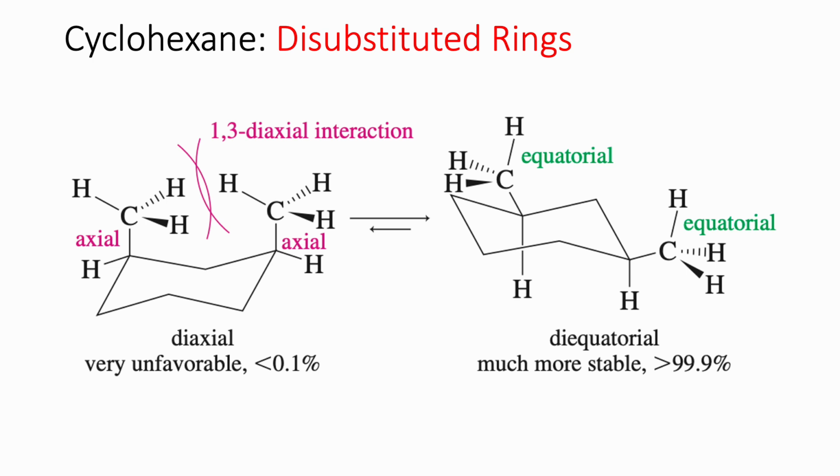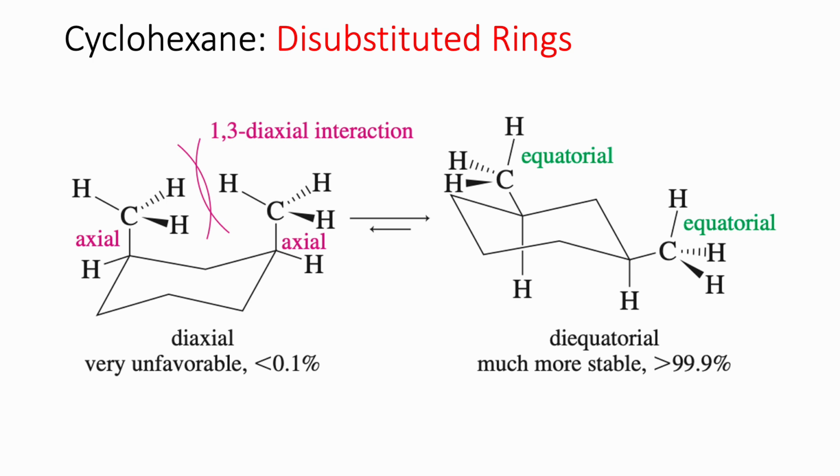In this one, we have two different conformations. We have a diaxial conformation, which is the one on the left, and we have a diequatorial. Notice that on the left, both methyl groups are up. We have up axial on the left and up axial on the right. They're both up and they're both axial.